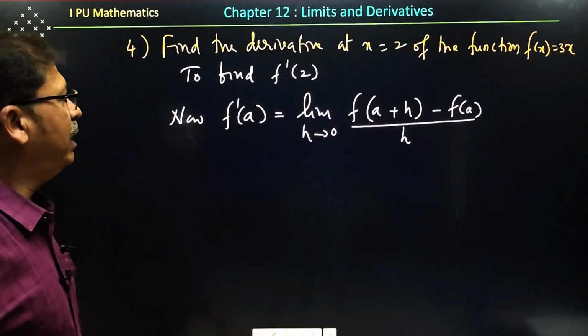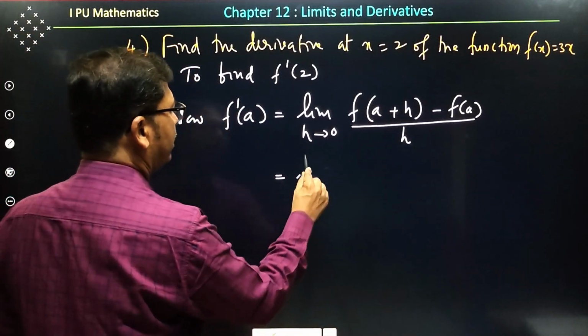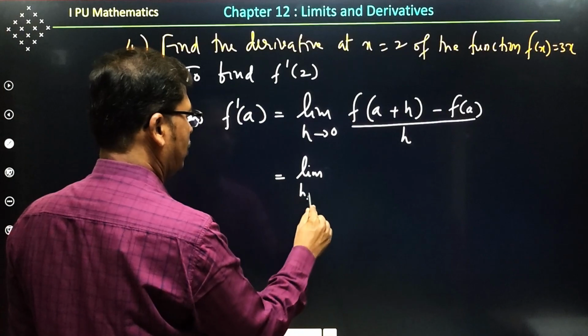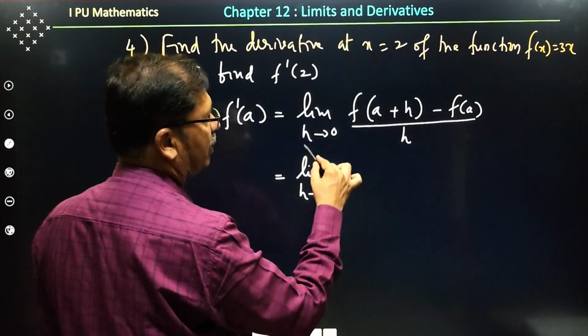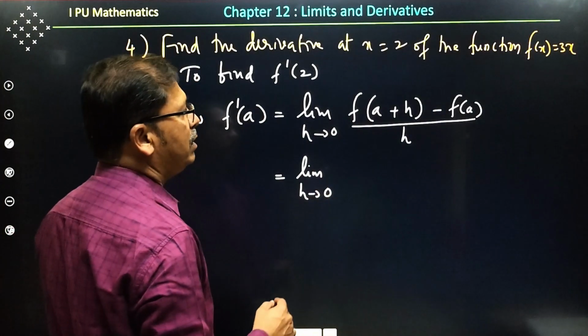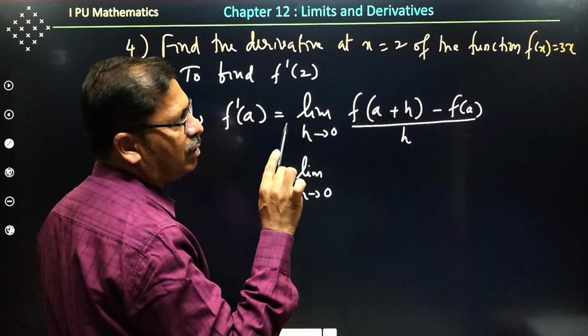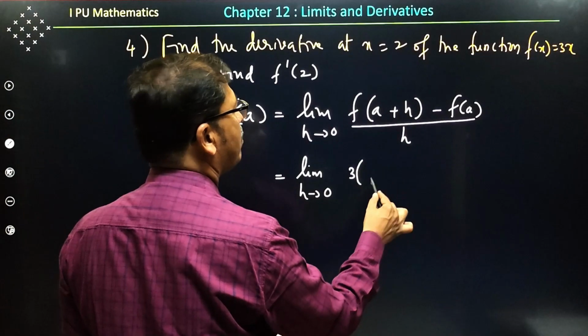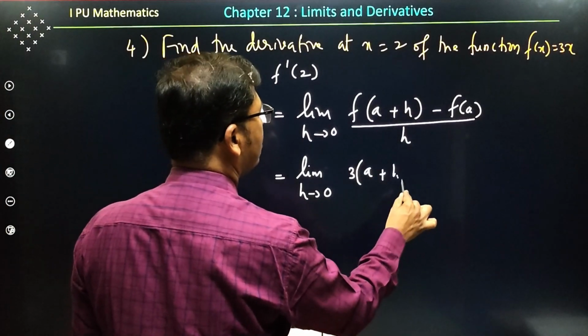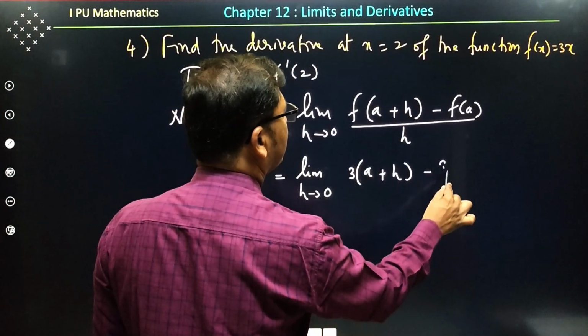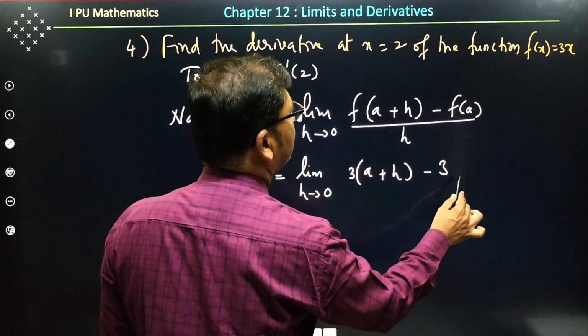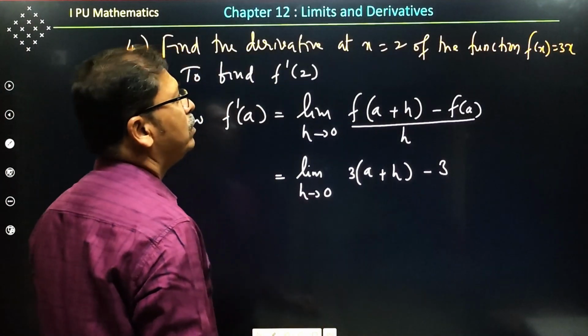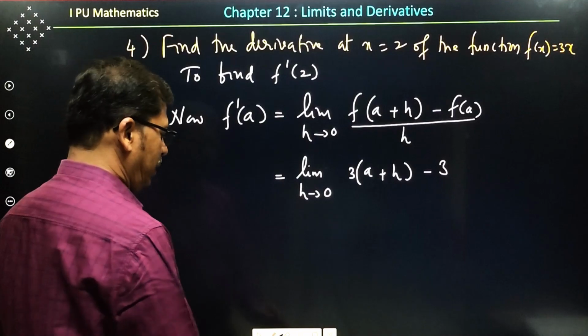Let us substitute the values here. This is equal to limit h tends to 0, f of a plus h, that is nothing but 3 into bracket x is to be replaced by a plus h. So a plus h minus f of a is nothing but 3 into, one minute.